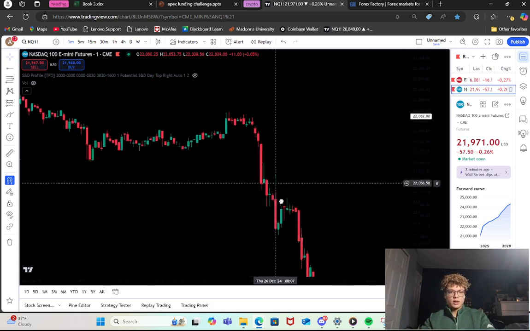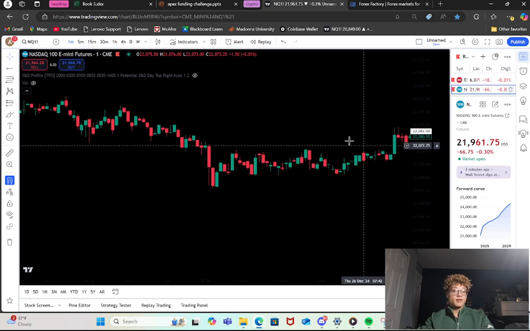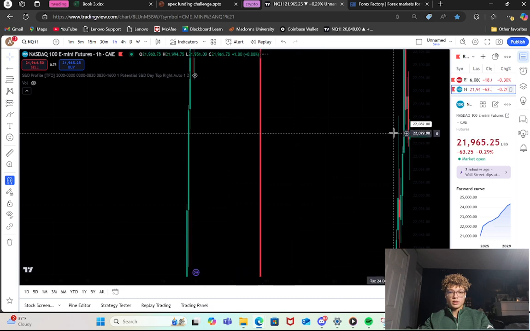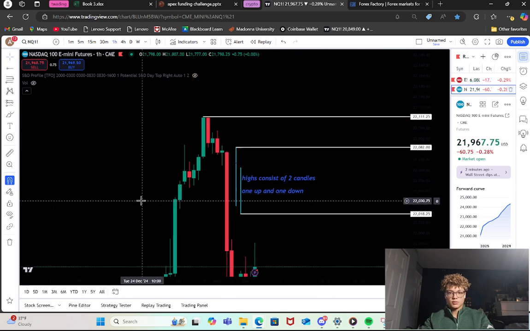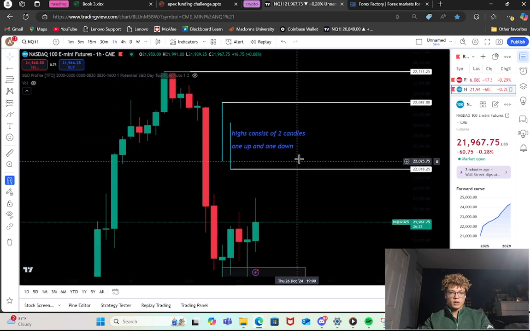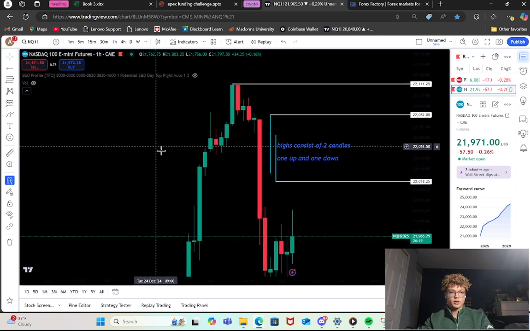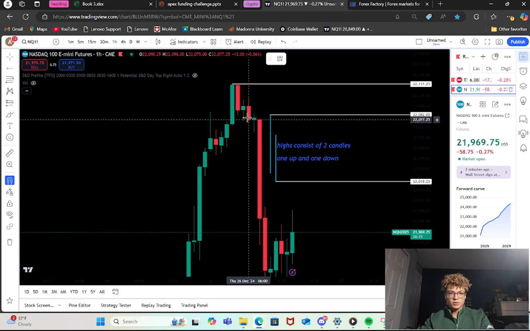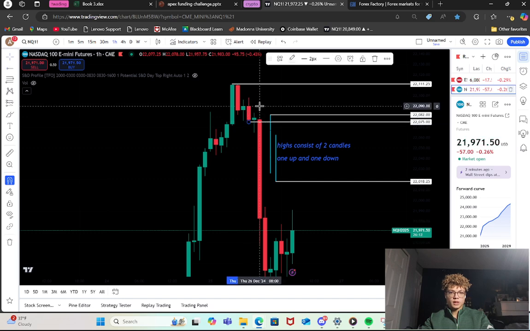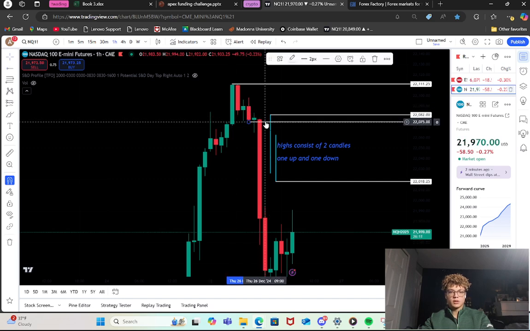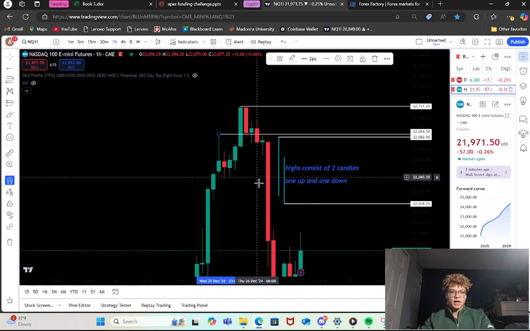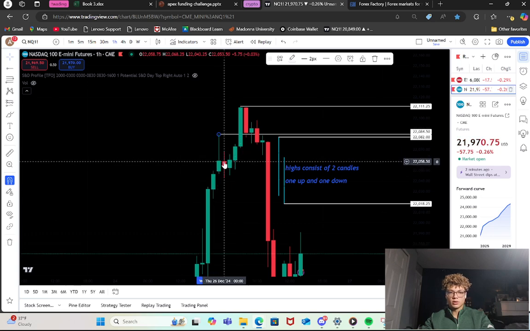You can snipe these on every single time frame. Right now we're on the 5 minute. We'll go on the hourly time frame if I can find the chart. Again, right here, we have a good example. The low between these two candles actually is the red candle in this case. It's actually the low and the high are on the same candle, so it's probably not a good example. But right here, we have the high being the green candle between this candle and this candle.